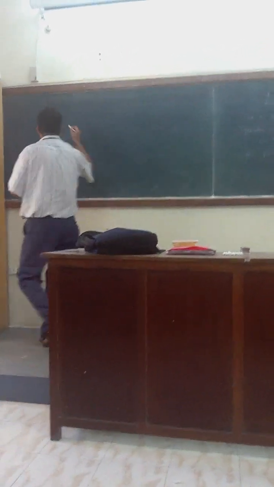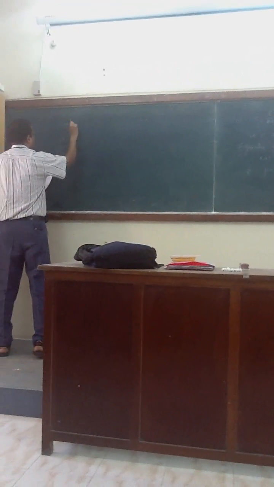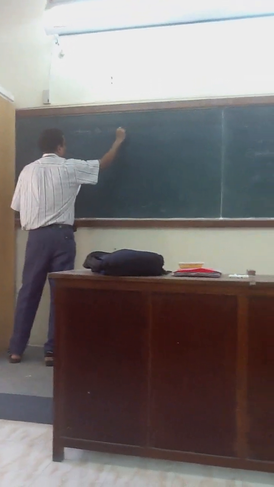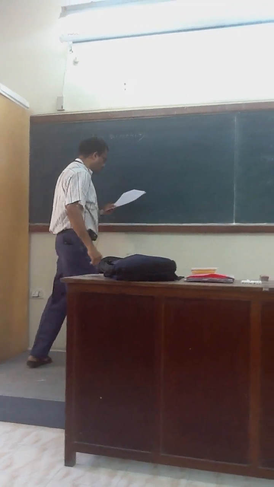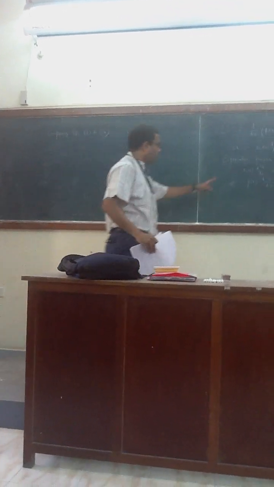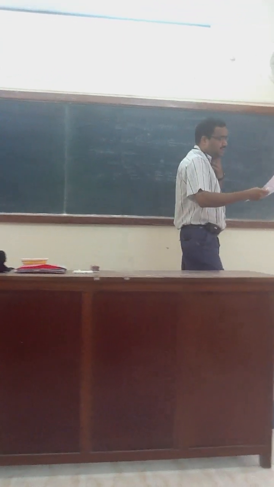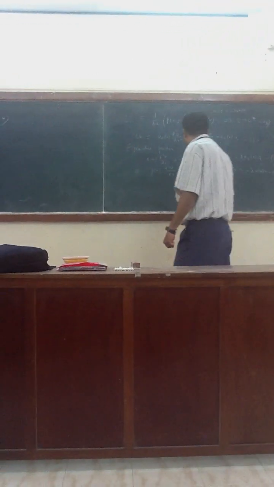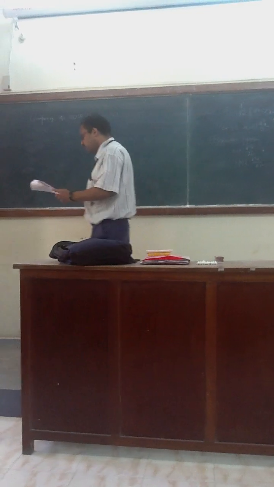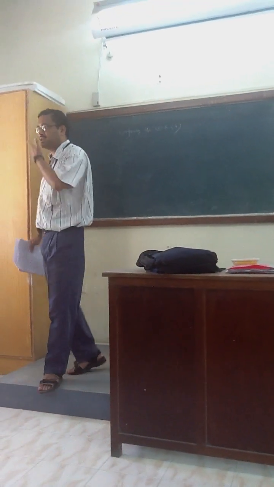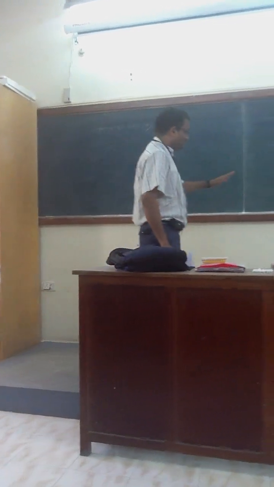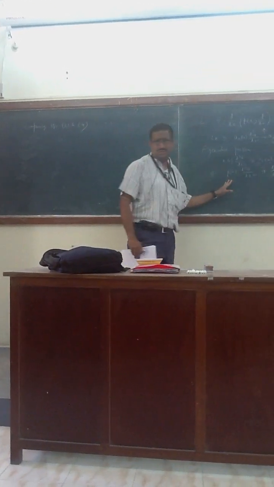Comparing equations 3 and 4, what do you get? a0(x)/p(x) equals a1(x)/(dp/dx) equals a2(x)/q(x) equals a3(x)/w(x). Can you say like this? I am saying that this can be converted to this.